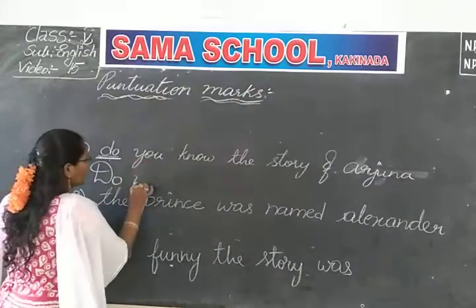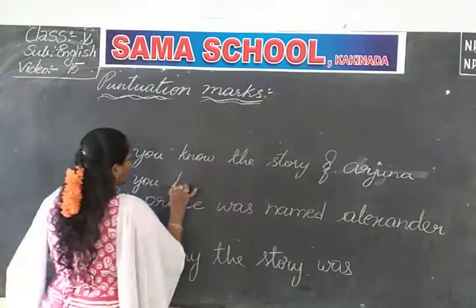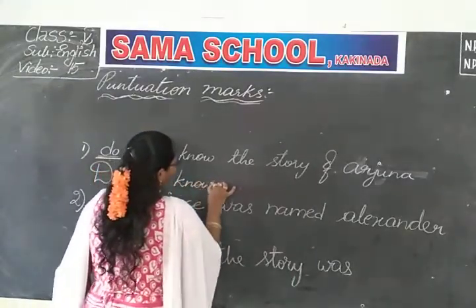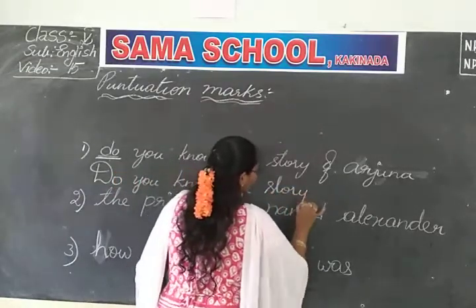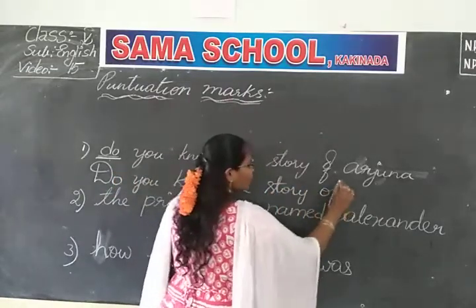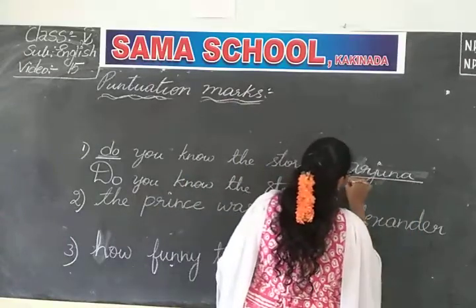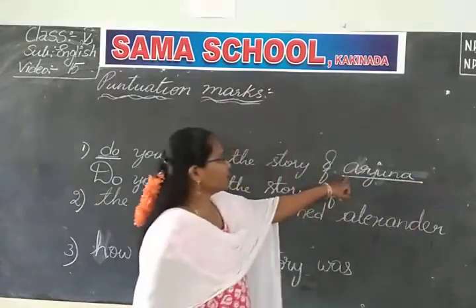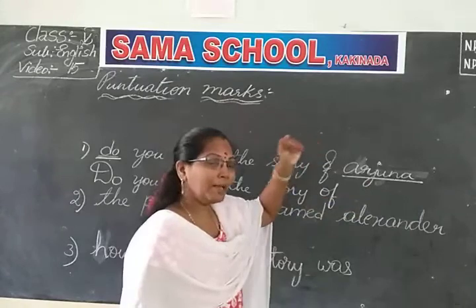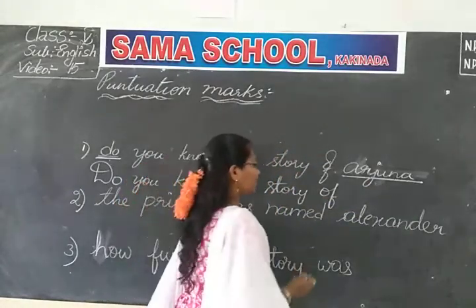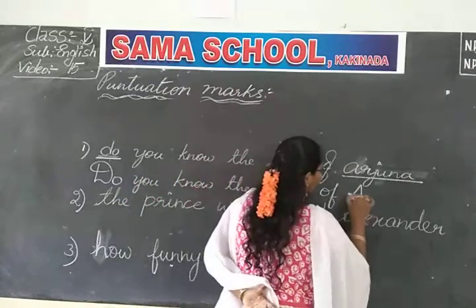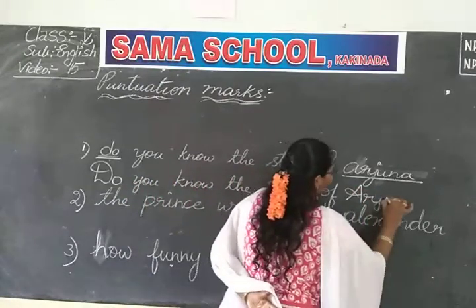Do you know the story of Arjuna? Here when we come to the word Arjuna, Arjuna is a proper noun, the name of a person. Always the name of a person should be in a capital letter. So write A as capital, Arjuna.